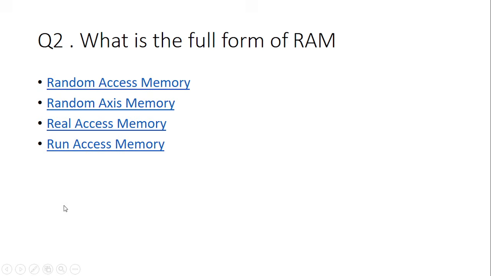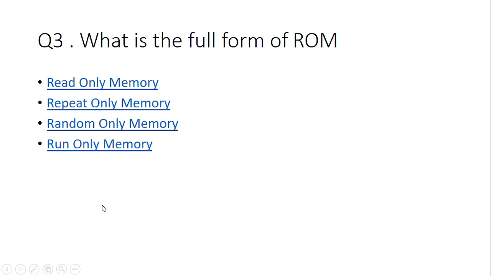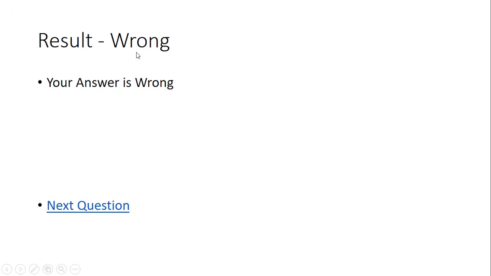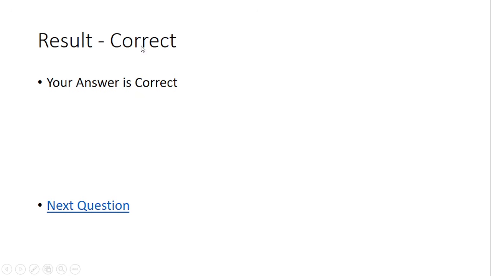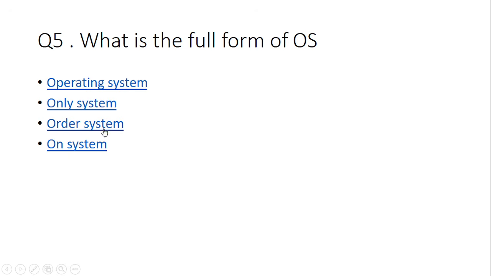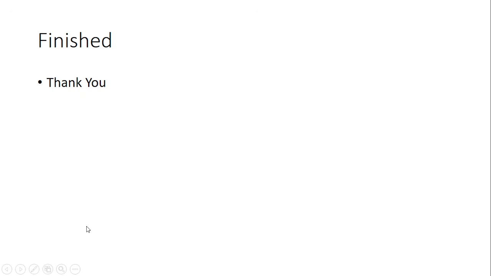If you select the right answer, it will say your result is correct, and take you to the next question. If you click on a wrong answer, it will say your result is wrong, and take you to the next question. Next question, result is wrong, end the quiz, and the quiz is ended.